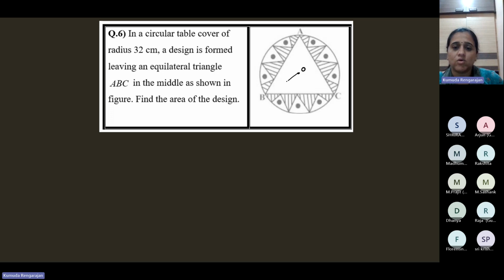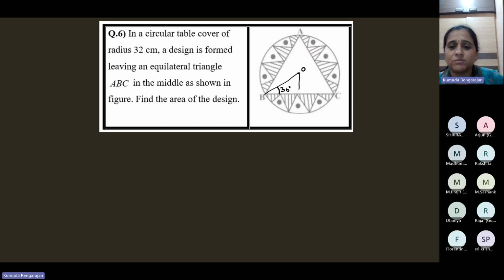Join OB. Then OB is the bisector of angle B. Angle B is 60 degrees, so if it's bisected, this is 30 degrees.